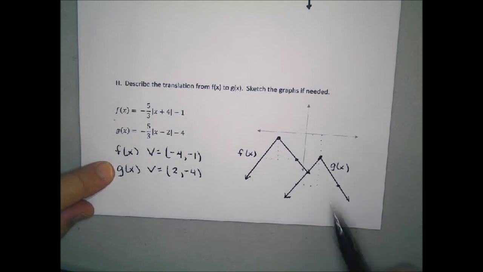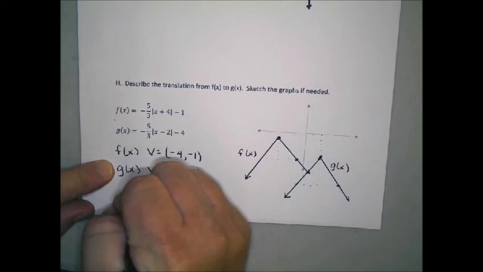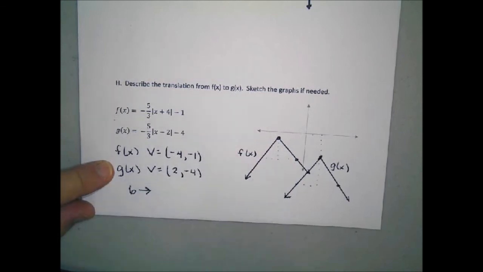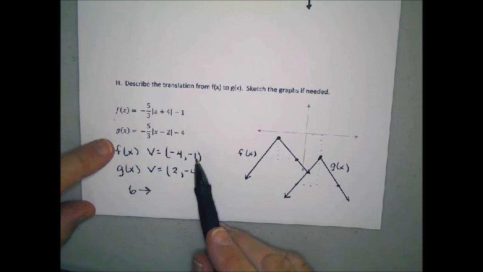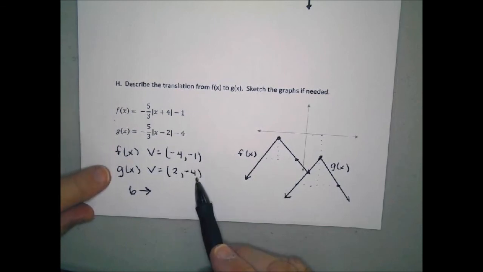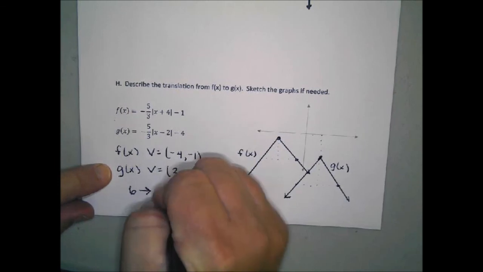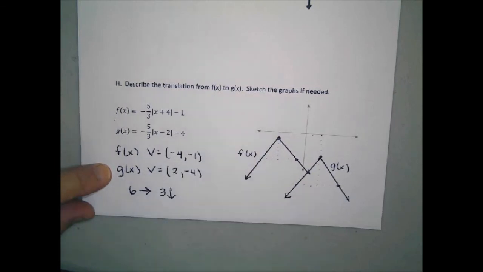Well, to go from negative 4 to positive 2, you've got to go 6 units to the right. And then if my y-coordinate was at negative 1, but then it ended up at negative 4, what had to happen? Well, I had to drop 3 more. So 6 units to the right, 3 down, and there's the transformation right there.